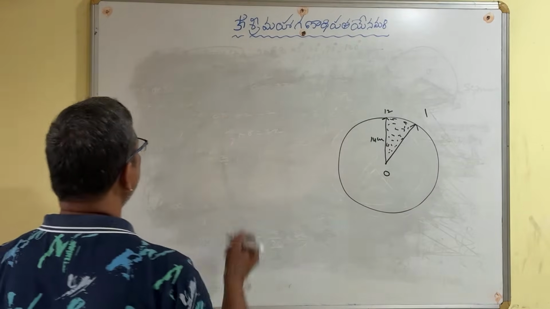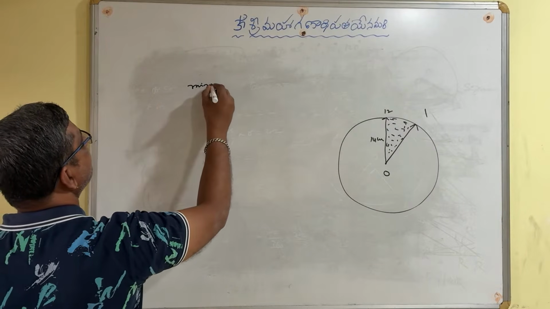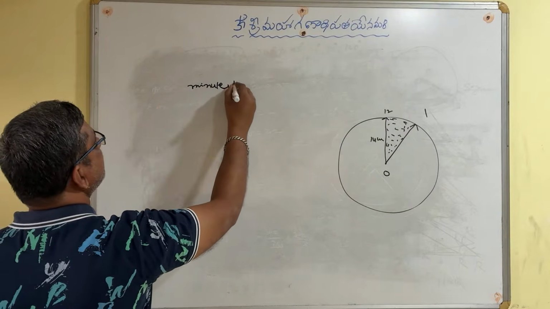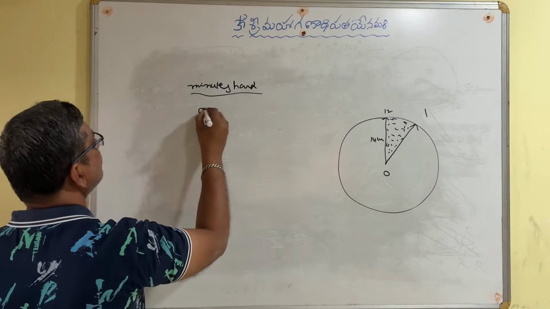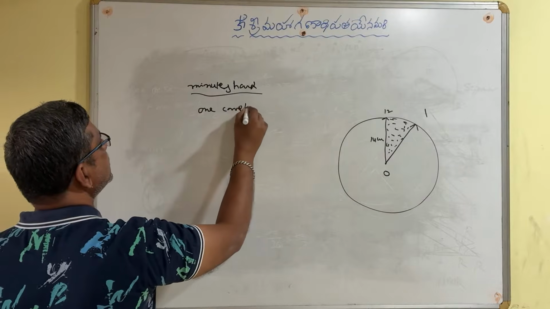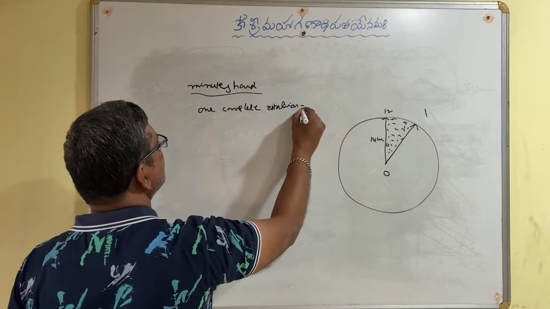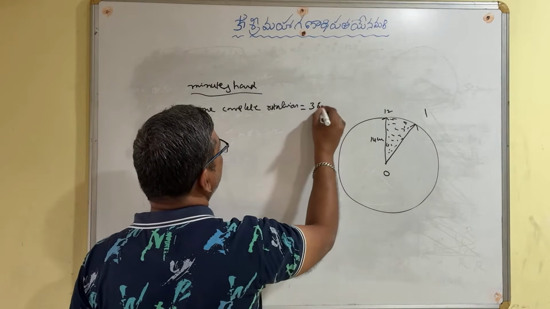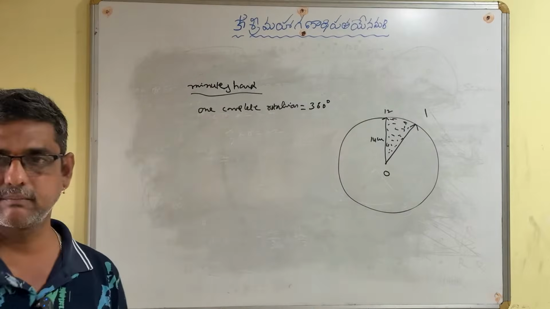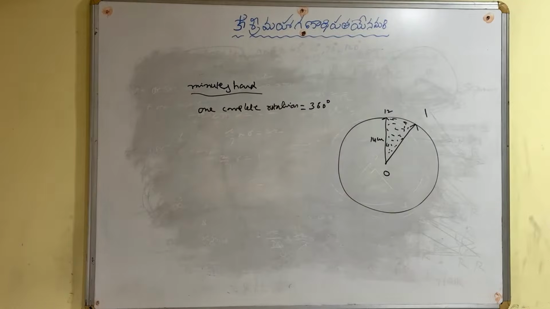The minute hand, one complete rotation, starting at 12 and coming back to 12, is equal to 360 degrees.